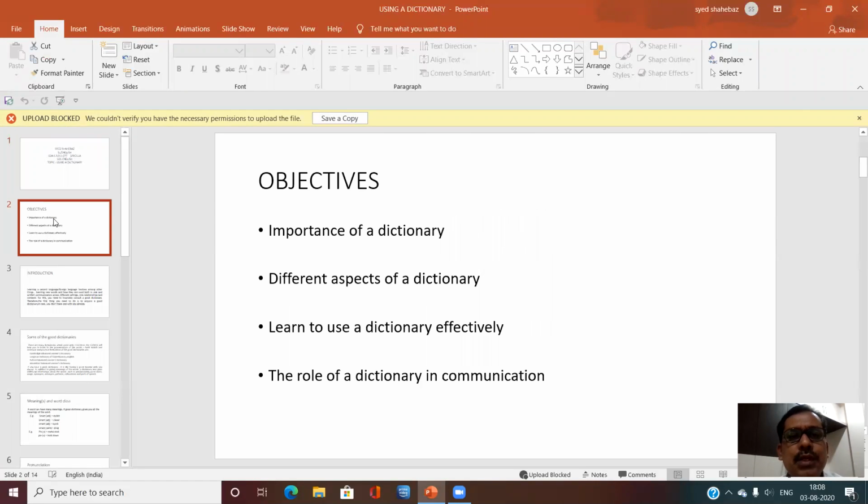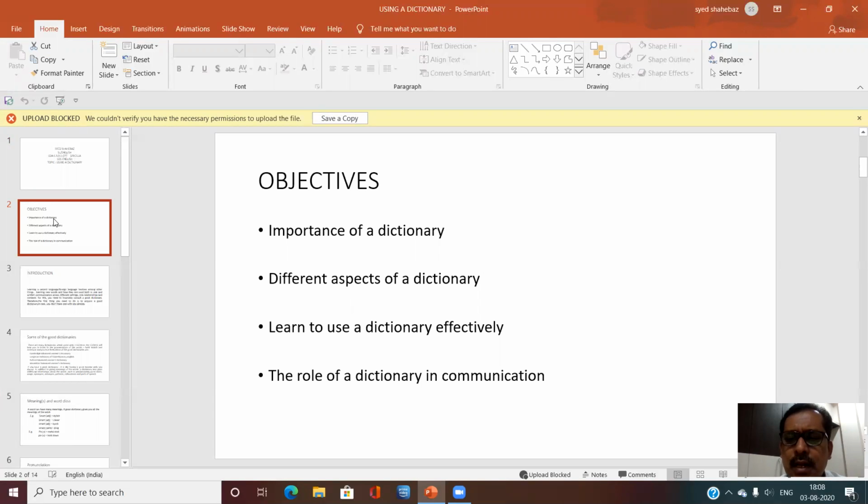Let us see the objectives. The objectives of this lesson are: the importance of a dictionary, learning a foreign language, learning a second language, the role of the dictionary, and different aspects of a dictionary.